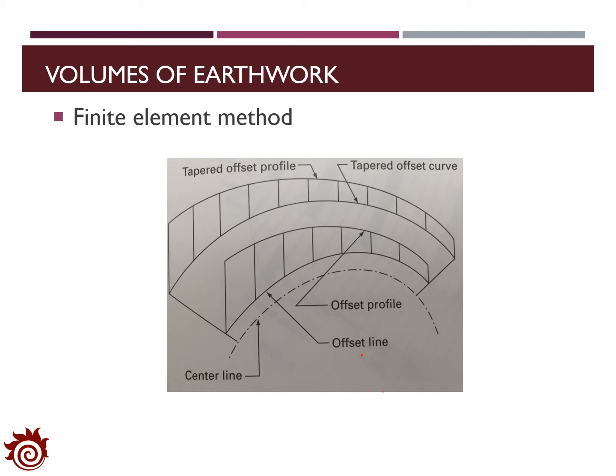In the finite element method, instead of considering the initial and end cross-section area and the middle cross-section area, we will divide the entire segment into a lot of small segments with much shorter distance and estimate the intermediate cross-section areas. And then we will apply the prismoidal formula or the average end area method for the estimation of the volumes of the earthwork.